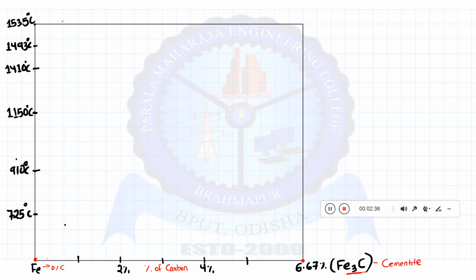So whenever we are talking about the iron carbon diagram, we are talking about the iron carbon phase diagram.